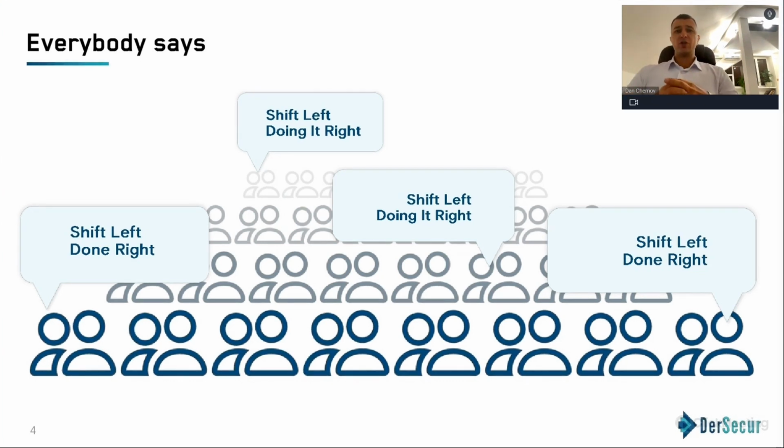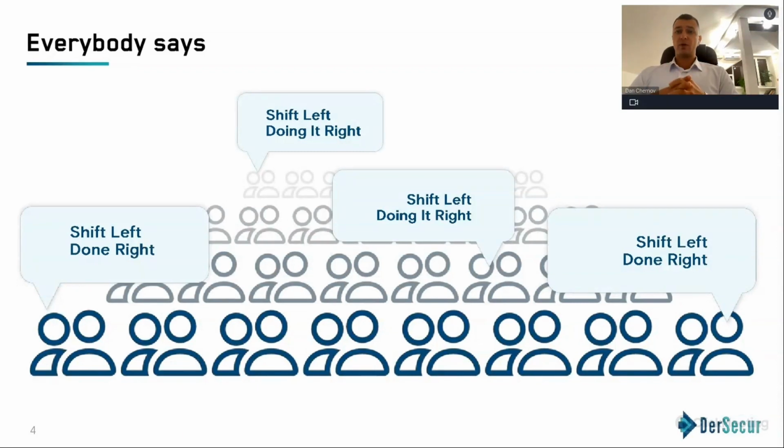And the shift left concept is, frankly, not only prudent, but highly practical, as it enables you to identify and rectify vulnerabilities in your system's development lifecycle at the very early stages. And in the realm of application security, the philosophy dictates that if you adhere to shift left practice, then you're on the right side.